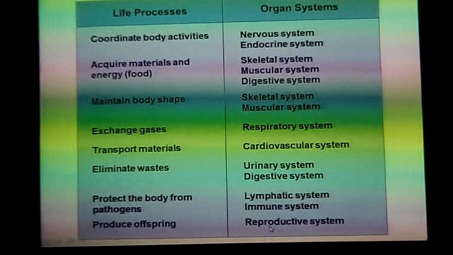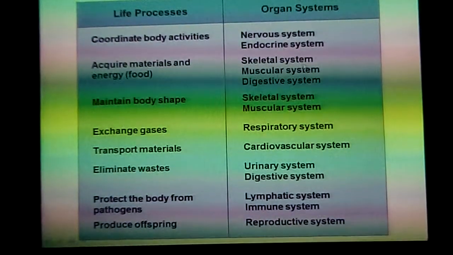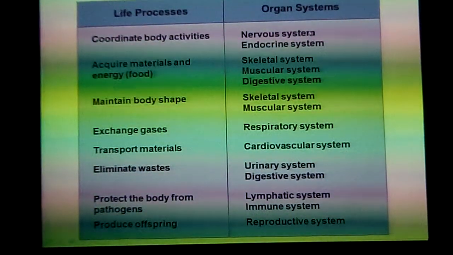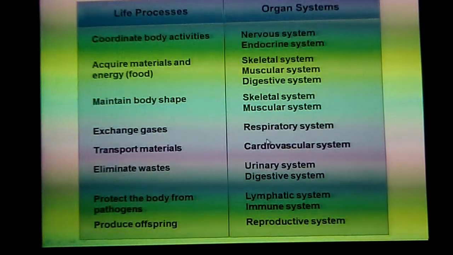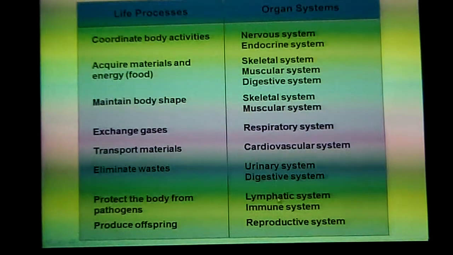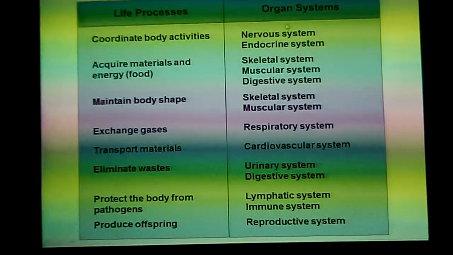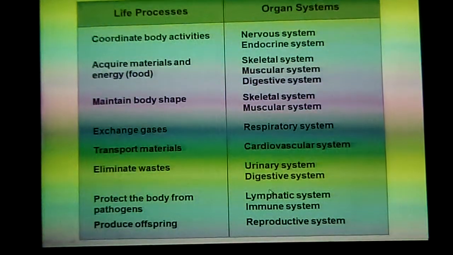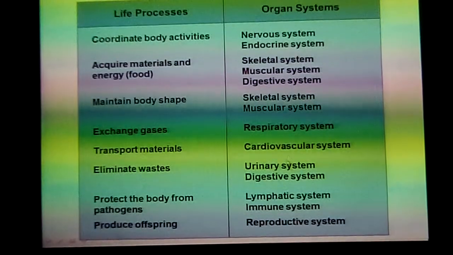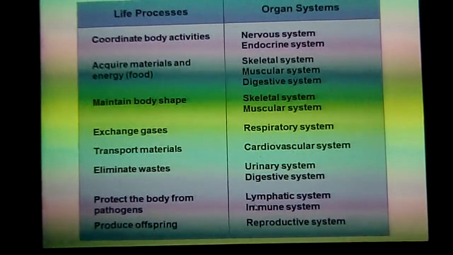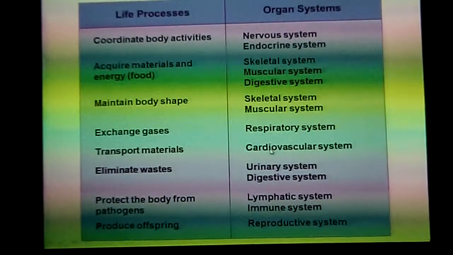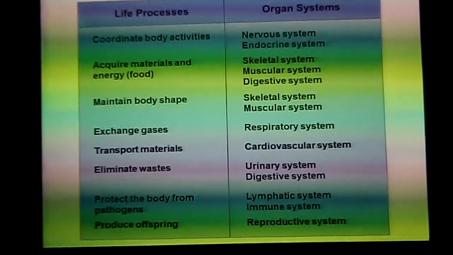In the AP Biology class, they want you to know the most about the nervous system, the endocrine system, and the lymphatic system. Those are the 3 chapters we're really going to study. We're going to do the entire chapter there. You're going to read the whole chapters there. And we're going to kind of skim over the other ones like I'm doing this chapter. We're not going to spend too much time on the other ones.